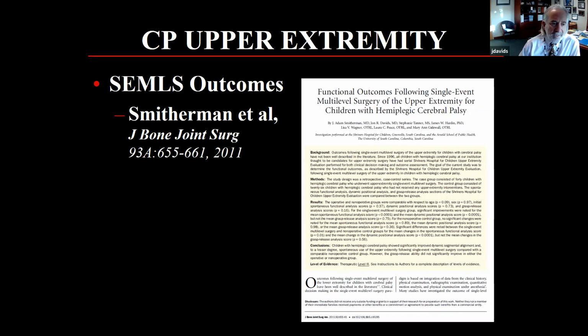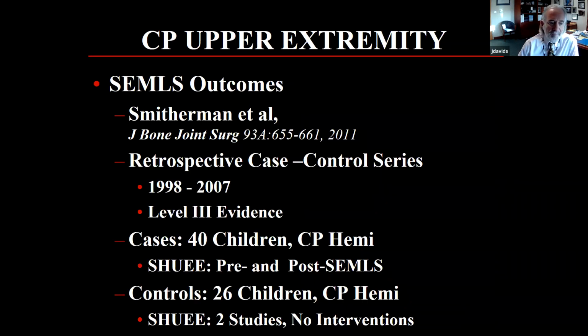Another important study we did looked at overall outcomes following single event multi-level surgery of the upper extremity in children with unilateral CP. Another retrospective study, here we had a case and a control series. There were 40 cases, children who had upper extremity interventions with pre and post SHOE studies documented.